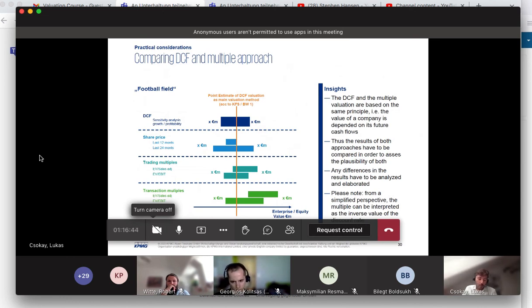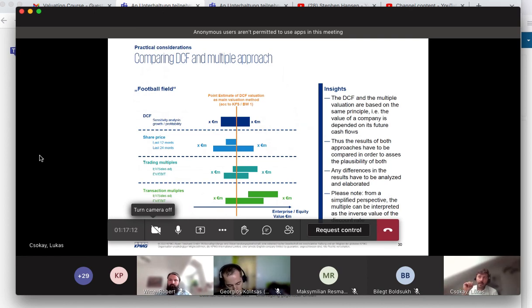And what we often do in a report, for example, or if we want to show the client the valuation results only, is we typically show a picture like that, a so-called football field, where we basically show all the different valuation methods we used.